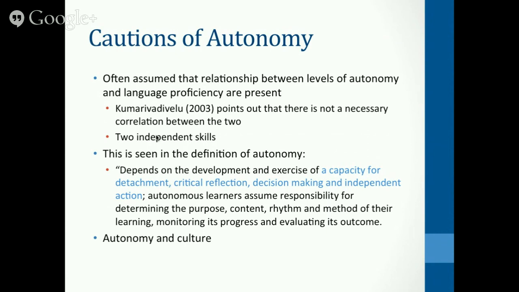We can see that in the definition: autonomy depends on an underlying capacity for detachment, critical reflection, decision-making, and independent action. You have to develop that ability, and this isn't necessarily the same thing as learning a language.